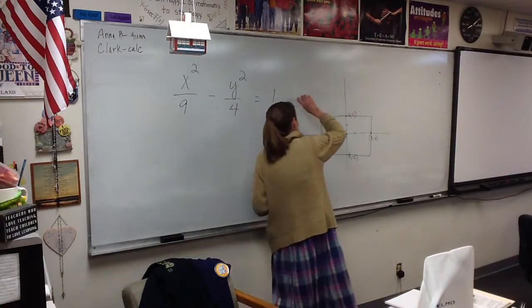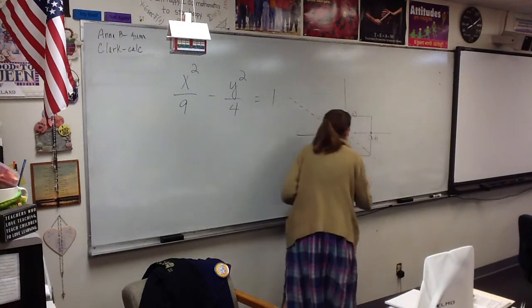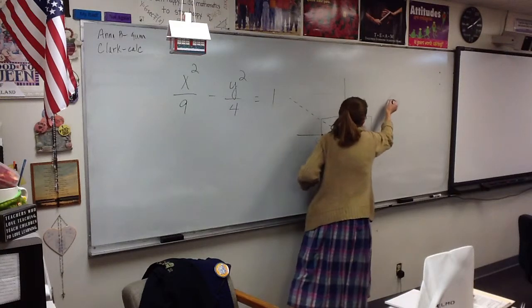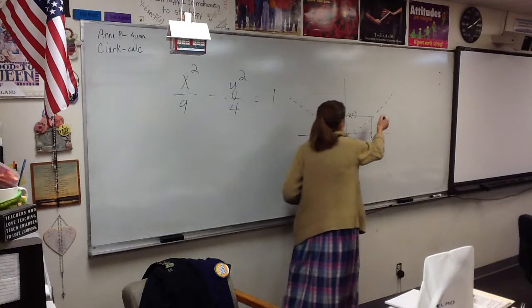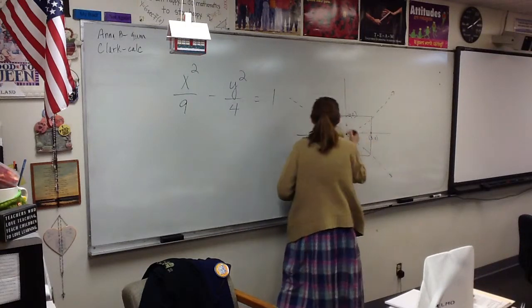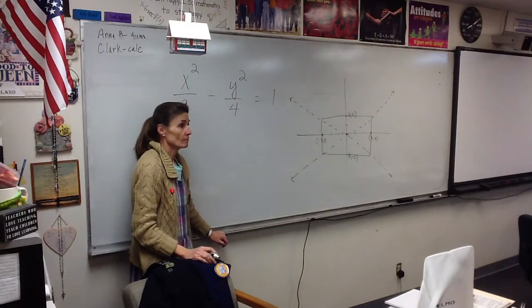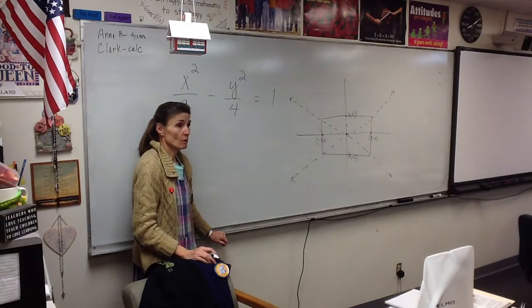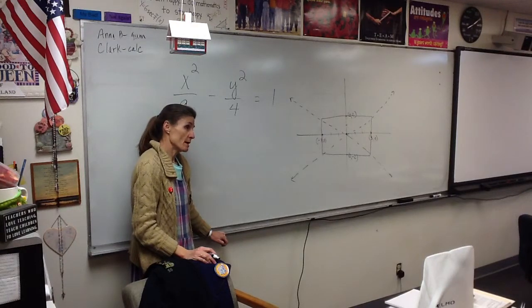Now, I'm going to draw in the diagonals of that box. They're supposed to be straight lines. Those diagonals are called the asymptotes. And we're going to find their equations in a minute.